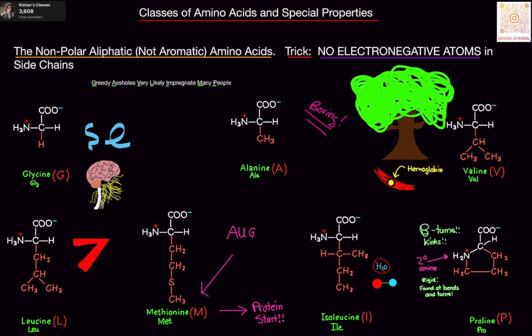Glycine is also found in the brain as a neurotransmitter. So neurotransmitters are basically chemicals that neurons use to communicate with each other. It is the second most common inhibitory transmitter. So in other words, it makes neurons not fire. The most prominent one is GABA, but glycine is the second one.